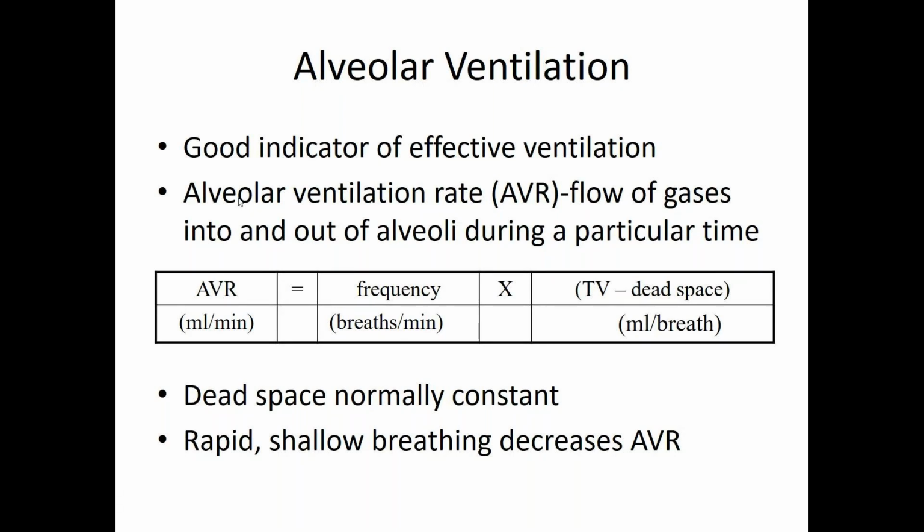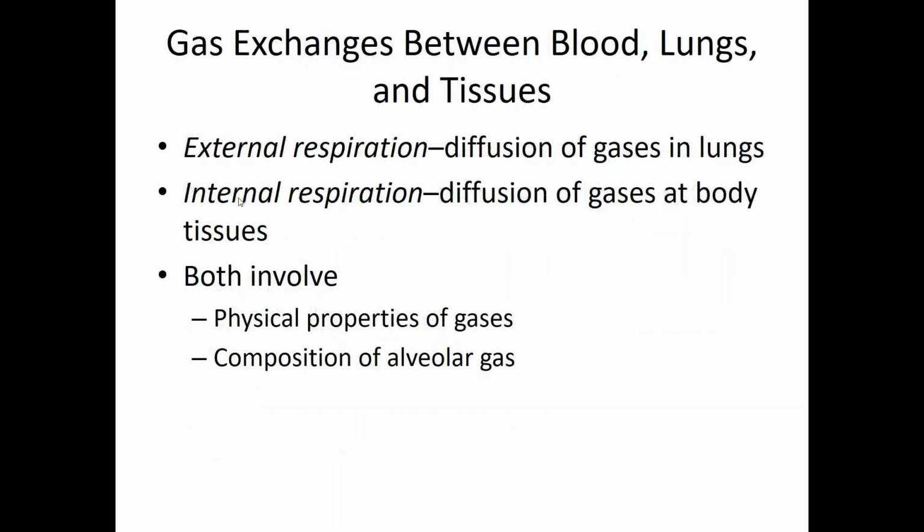Okay, so we've moved air in, we've moved air out, and that's all well and good. But the whole point of doing all that is to exchange gases. To mix atmospheric gas with blood gas, and then later on, after circulation, to mix blood gas with extracellular fluid gas, which is external respiration and internal respiration.